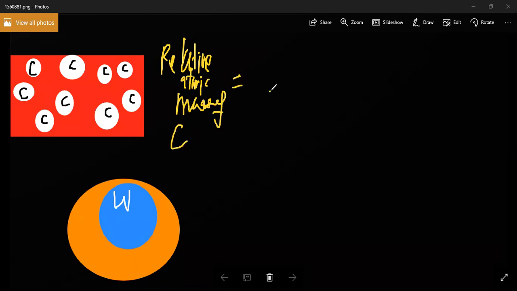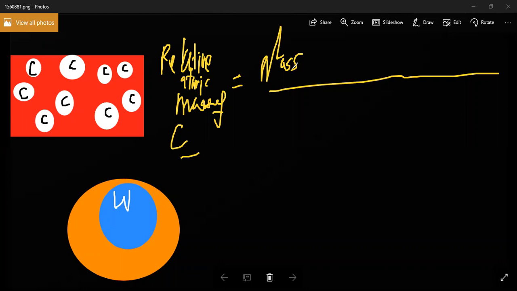You can write like this: relative atomic mass of carbon is the mass of one atom of carbon.